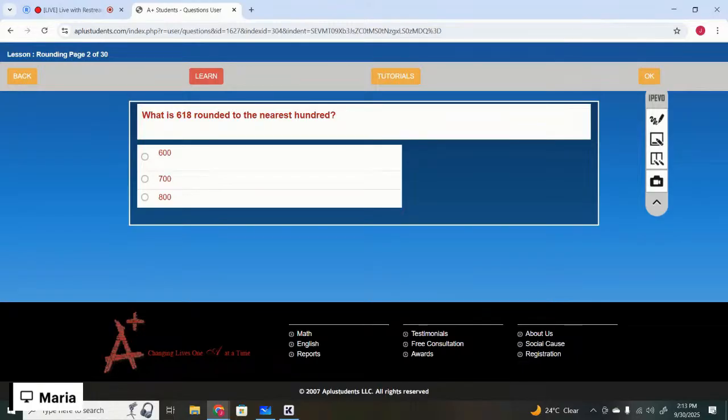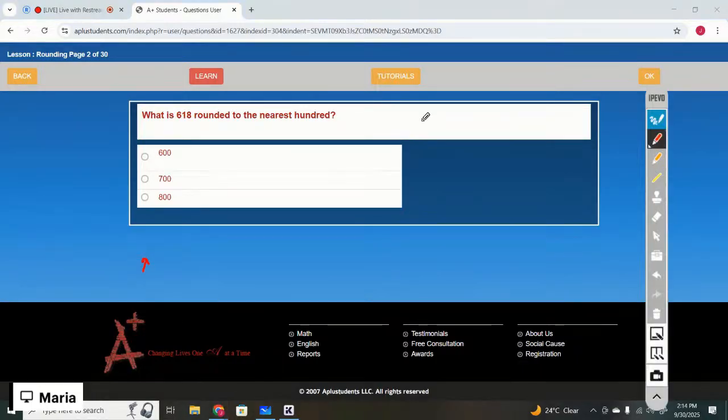What is 618 rounded to the nearest 100? So 618 we need to round to the nearest 100. So 6 is the digit at the hundreds position and right next to it we have 1. 1 is less than 5. So you need to keep the same hundred. It would be 6 and replace the other digits with 0.